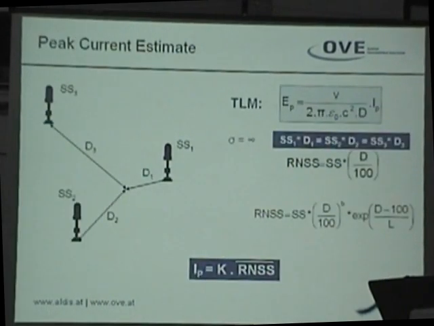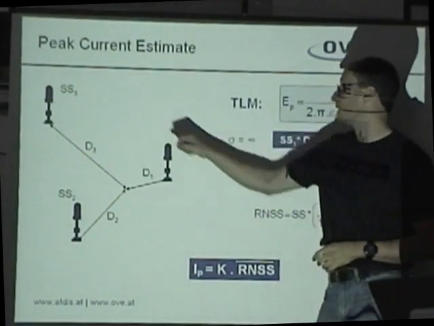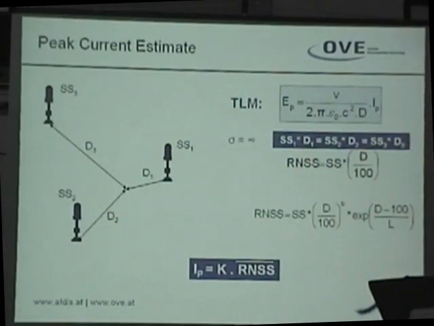So the lightning location system also delivers the peak current, and this slide explains how this is done. You assume you again have 3 sensors detecting with 3 distances.